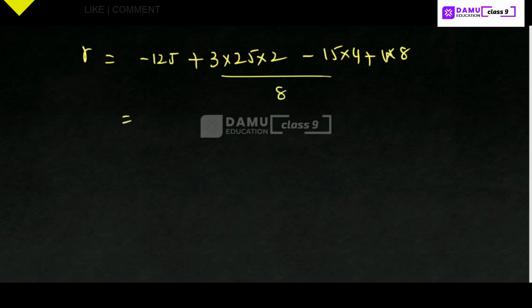So here minus 125 plus 3 twos are 6, 6 into 25, what you will get? 150, plus 150 minus 15 fours are 60, plus 8, by 8. So what is that?